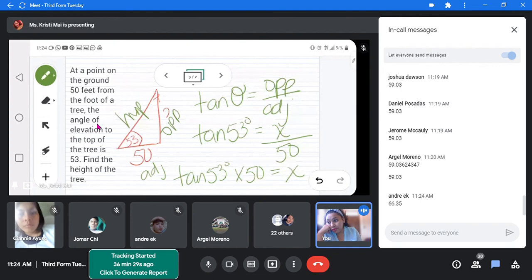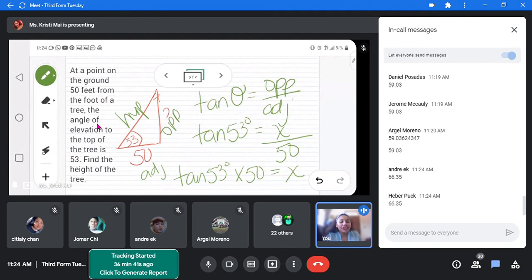Okay, at count of 3, send your answers. 1, 2, 3. Tangent of 53 times 50.